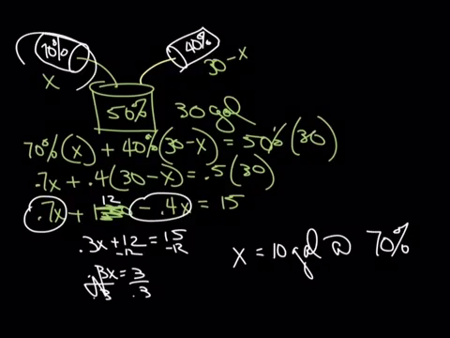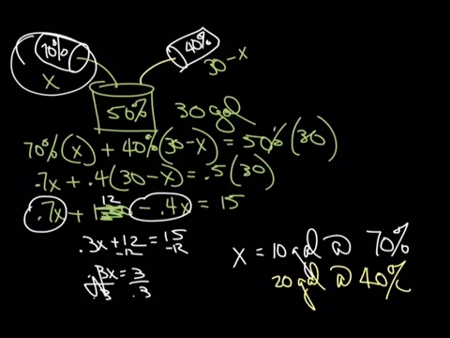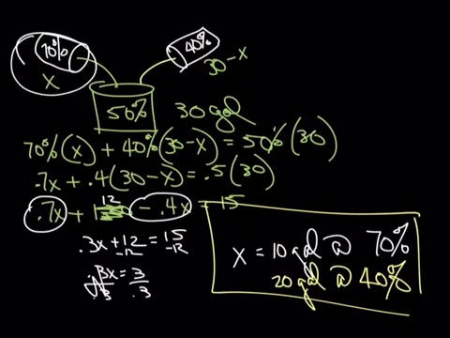Okay, because that's what I've got up here. I've got a 70% solution with x, and x is 10. So this is going to be 30 minus 10, so we have 20 gallons of a 40% solution. And that's it for the mixture problem. Let's jump into the triangle problem, then call it good.